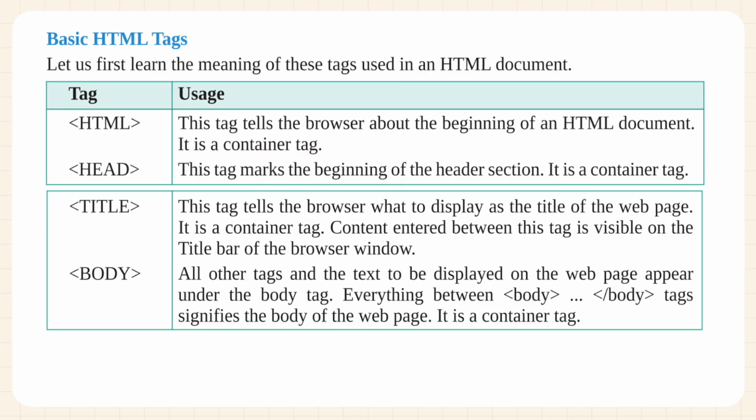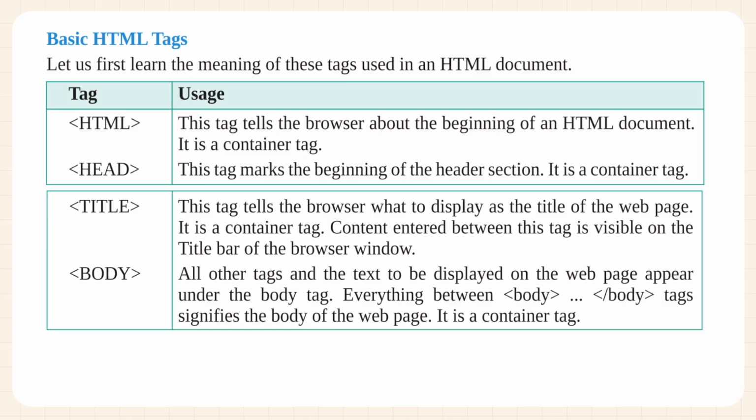Basic HTML tags. Let us first learn the meaning of these tags used in an HTML document. Tag, usage. HTML. This tag tells the browser about the beginning of an HTML document. It is a container tag. Head. This tag marks the beginning of the header section. It is a container tag. Title.